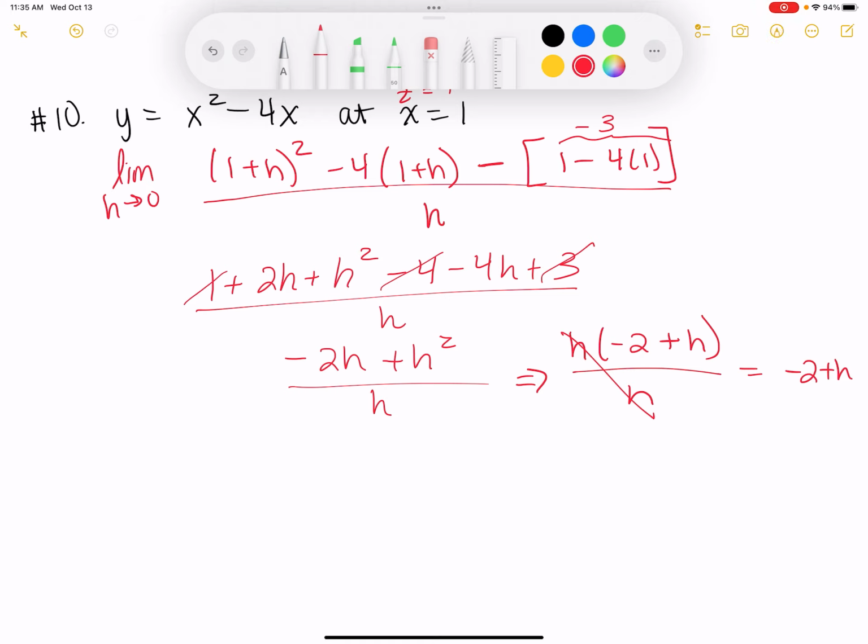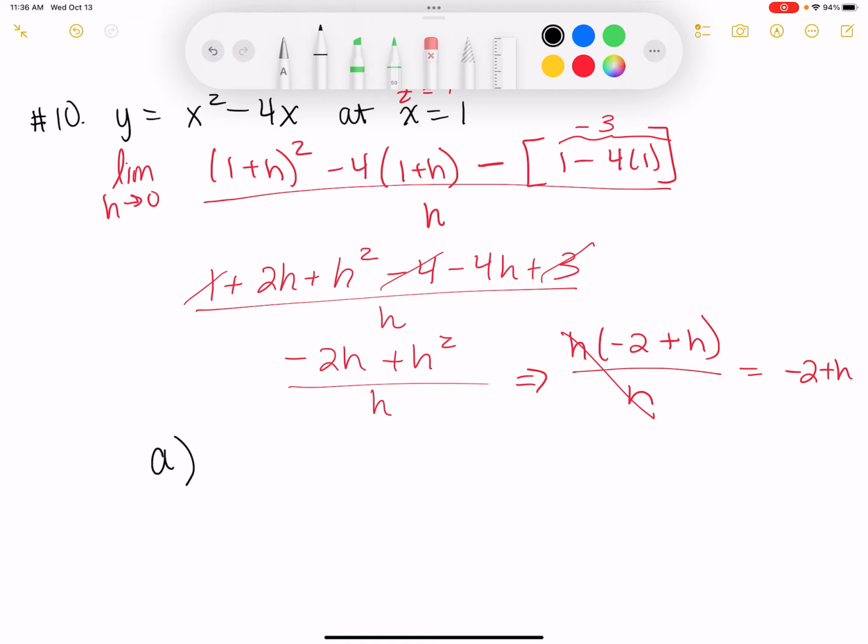Okay, now we're not done. That was just getting us set up. So the first thing it wants now is the slope.